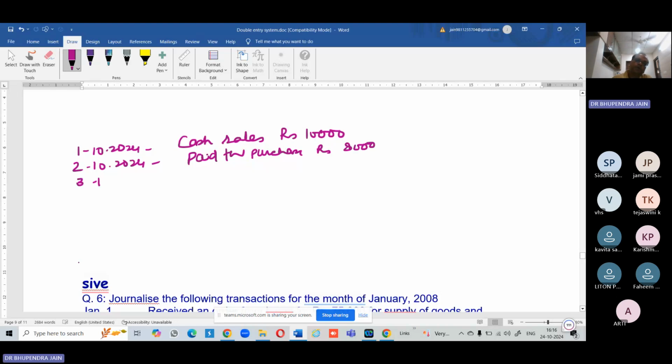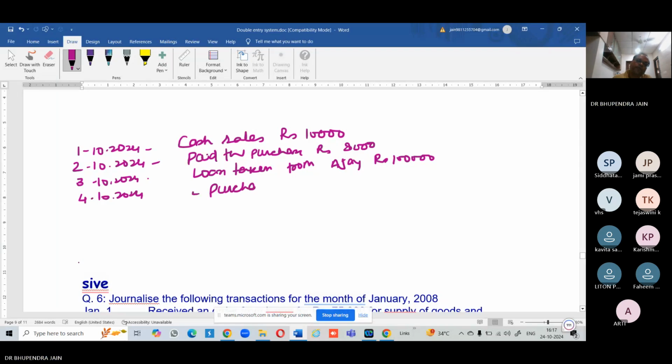On 3rd October 2024: loan taken from us rupees 1 lakh. And 4th October 2024: purchased furniture for rupees 40,000 and paid by net banking.